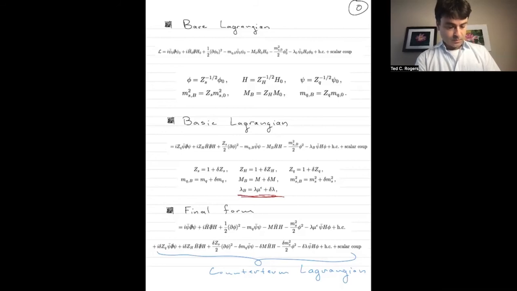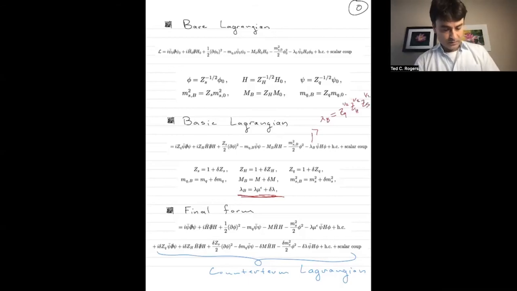Lambda subscript 0 is equal to Z_q^(1/2) Z_h^(1/2) and Z_s^(1/2).